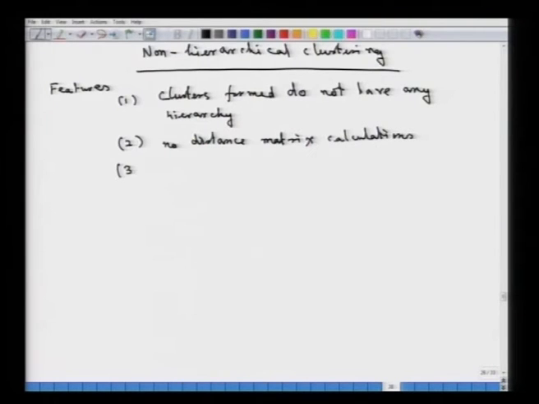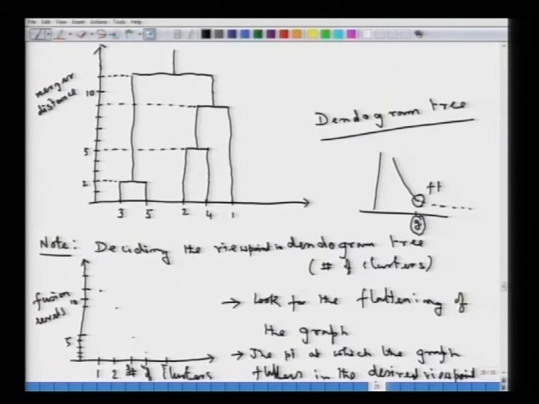Now, it is said that it is better suited for large data sets. Why is that so? Because if we look at the output of a hierarchical clustering with a huge data set, the number of cases may run into hundreds and thousands, and the x axis will be so crowded with all those cases that it would be very difficult to make out which clusters are formed at which level.